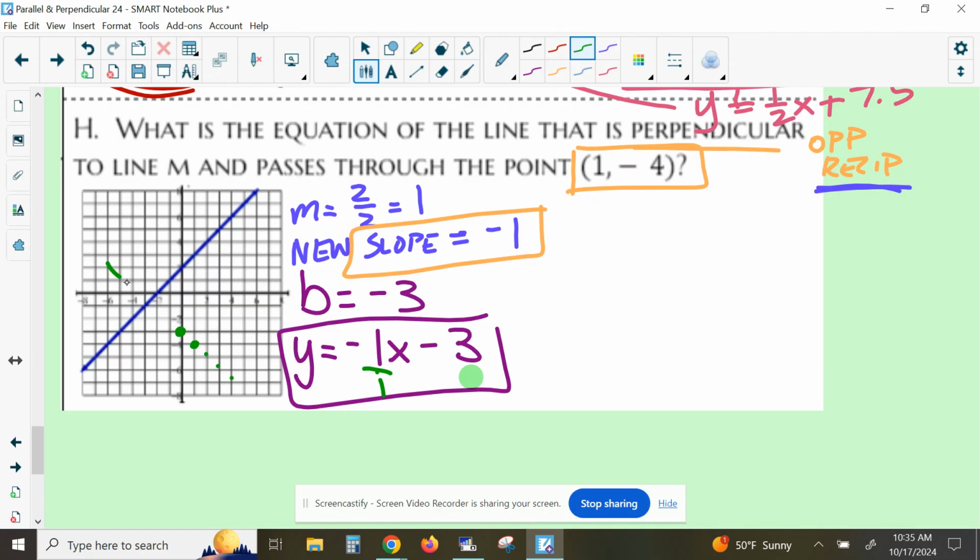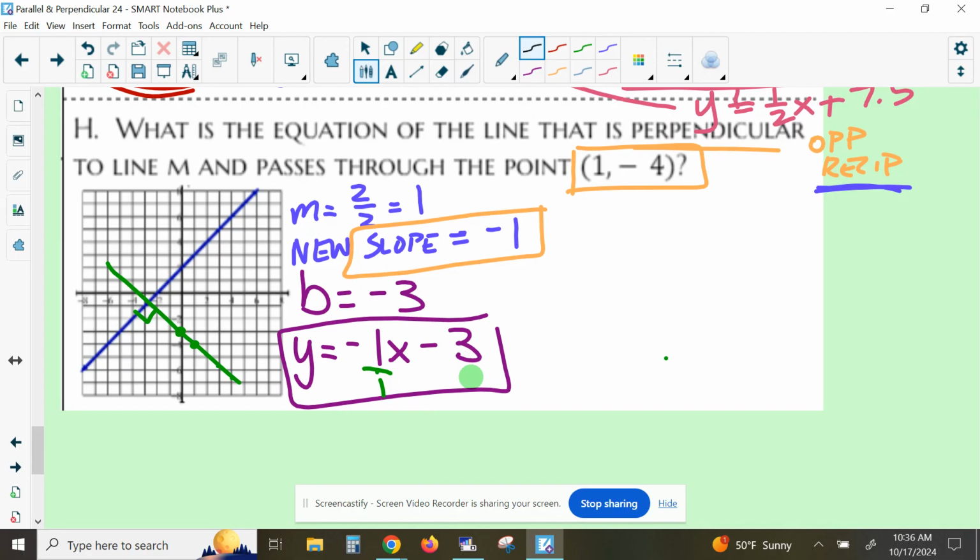Which would make my line look like this, which sure does look perpendicular, right? You can even type this into Desmos to see, but you don't have the other one in Desmos, so it's not that easy to check. Okay. Cool on Desmos? Okay, let's go ahead and do this one by hand.